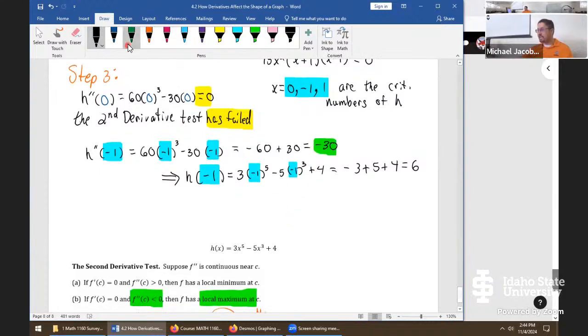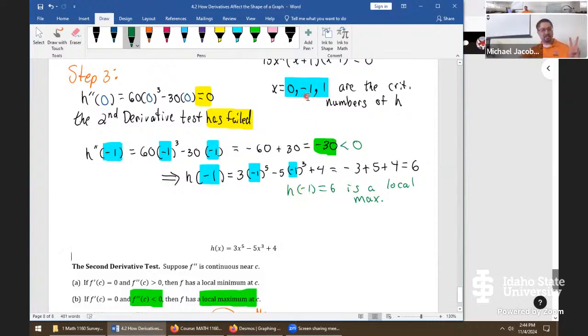Let's double check the second derivative. We got -30, which is less than 0. So now we can say this is h of -1 equals 6 is a local max. So if we were to plot the function, this one right here, we should see a maximum on that function when we're at x equals -1.